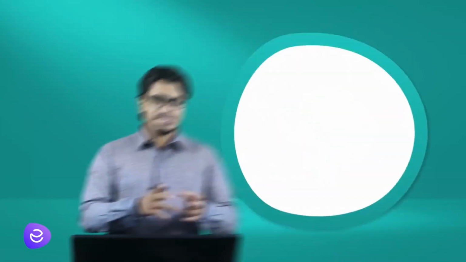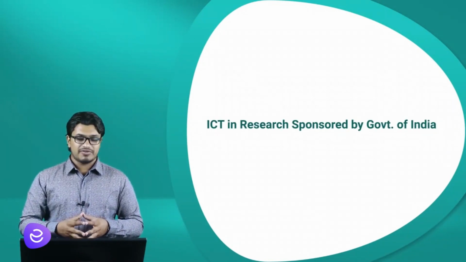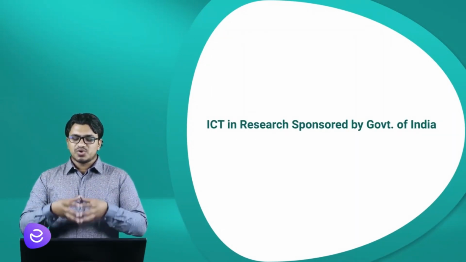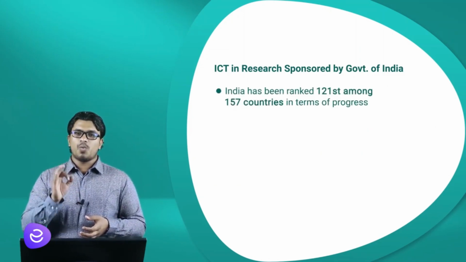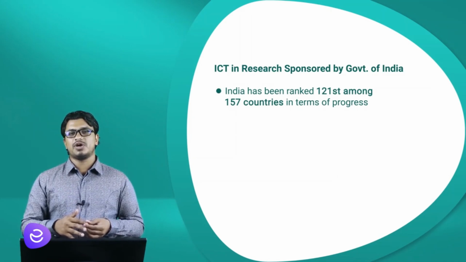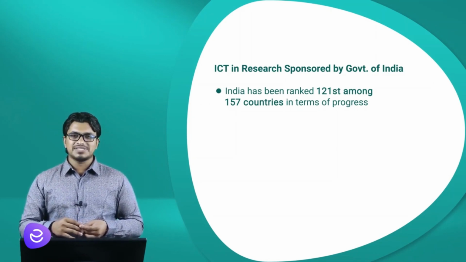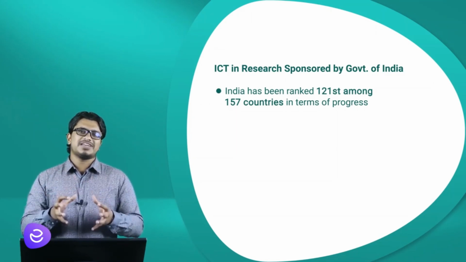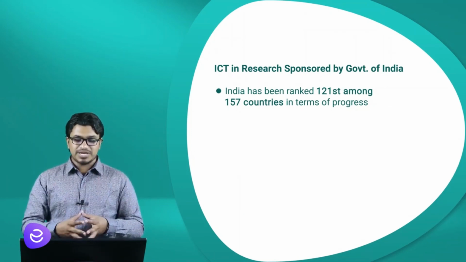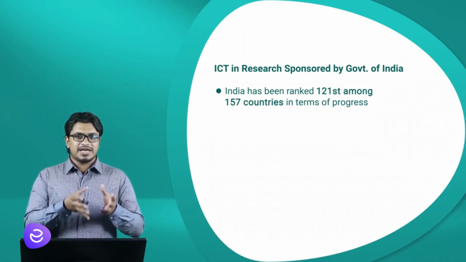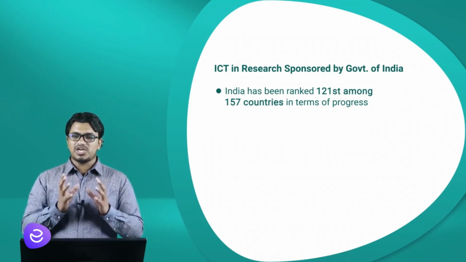But the problem is the next part, ICT in research sponsored by India. India has been ranked 121 among 157 countries in terms of progress in ICT. So 157 countries were studied on the basis of how far they have progressed because of ICT, but India has unfortunately ranked only 121.